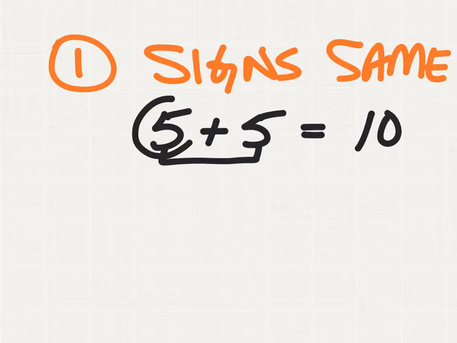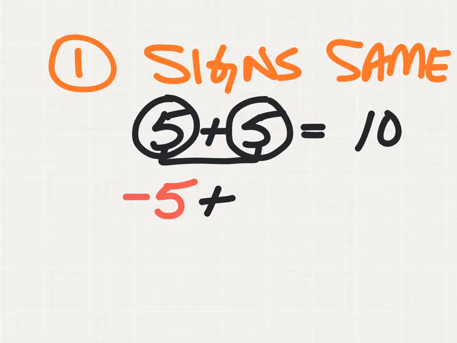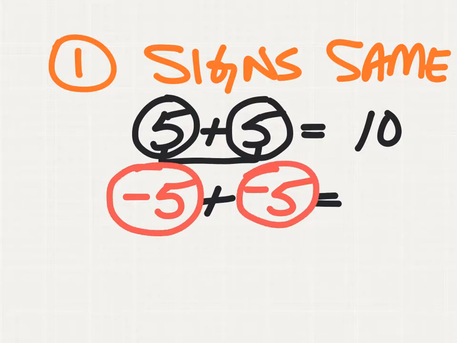It keeps the sign of the two integers I'm adding. The same would be true if it was negative 5 plus negative 5. The sign of both integers is negative. I combine 5 and 5 to make 10, and I keep it negative since that's the sign they already share. When the signs are the same, combine them and keep the sign.